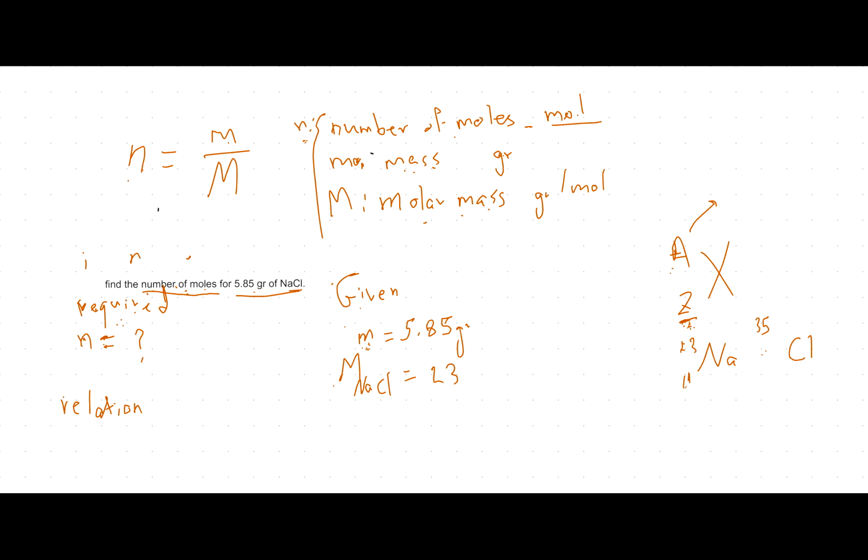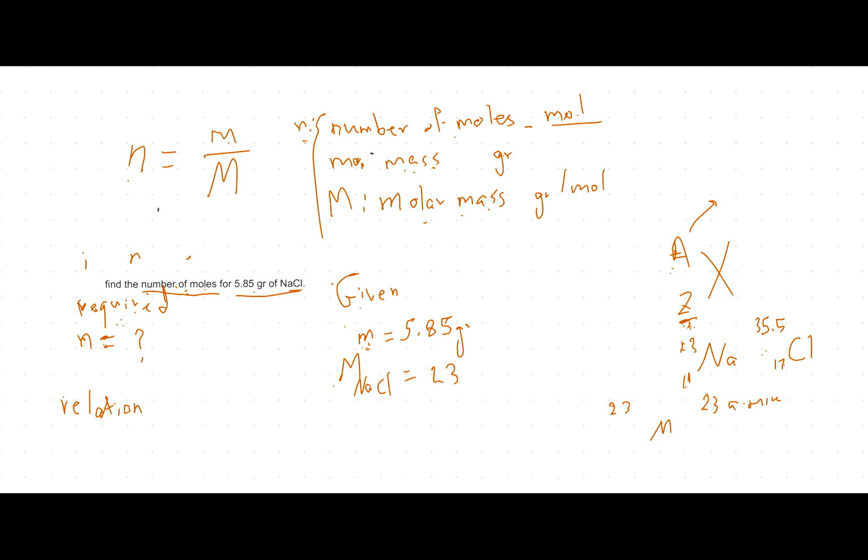If you still remember, I asked you what is the mass number? You said it's 23. And I asked you what is the atomic number? You said it's 23 AMU. And also, if I ask you what is the molar mass, you have to say it's 23, but this time you have to say gram per mole.